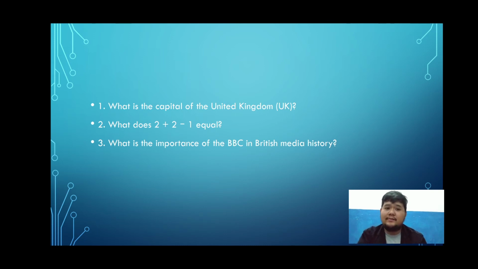If you don't know, BBC is the British Broadcasting Corporation. It means one of the biggest news media in the United Kingdom. The first question, what is the capital of the United Kingdom, is a form of assessment of fact.